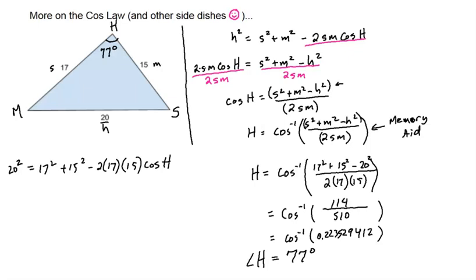The next step after you follow this along would be to find the other angles. You're going to use the law of sines, the easiest way. I'm probably not going to finish this one off because I don't want this video to go too long.